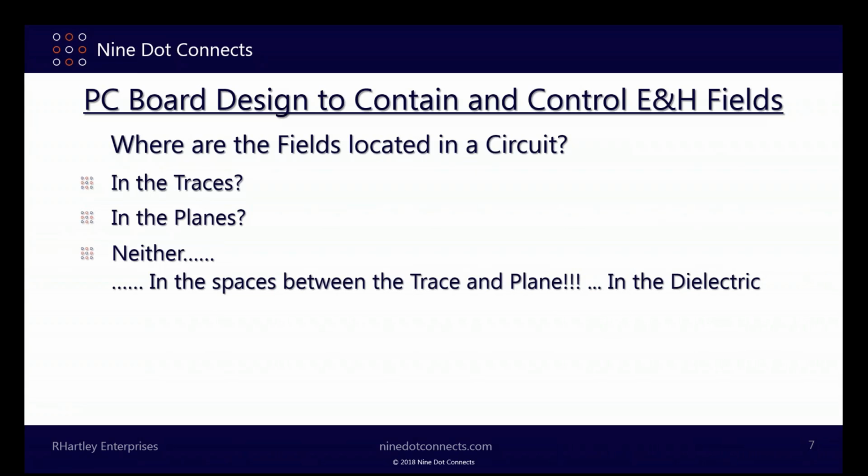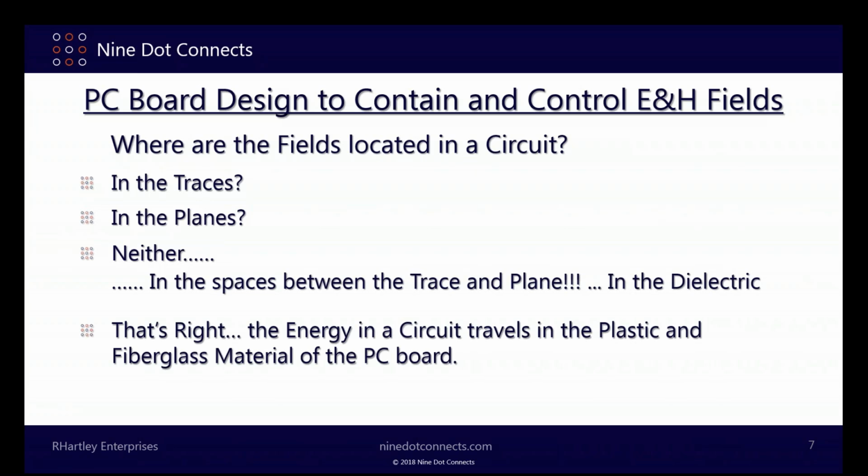The fields are in the dielectric space between the trace and plane. The fields are in the plastic and fiberglass of the circuit board. What I'm telling you is the energy is not in the copper. The energy is in the space between the copper features.